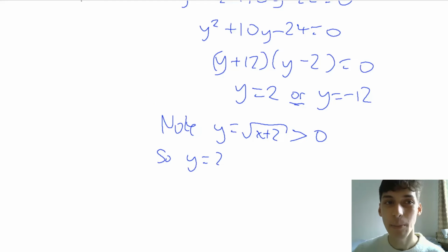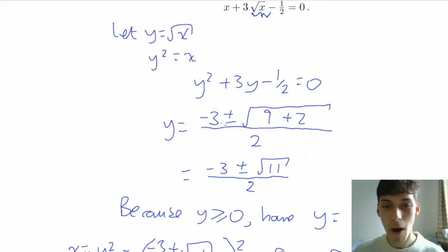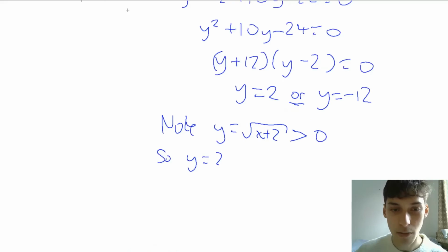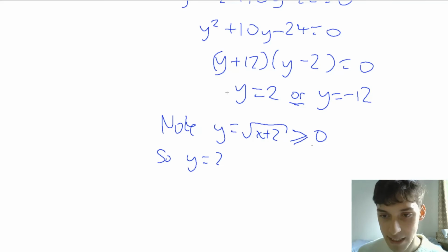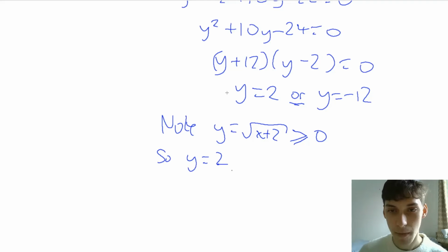And this is looking good because it's similar to part I, where we found two values of y and we ignored one of them to just give y is equal to this, because y is greater than or equal to 0. Sorry, I've just noticed this should be greater than or equal to, square roots can equal 0. Okay, so y is equal to 2.